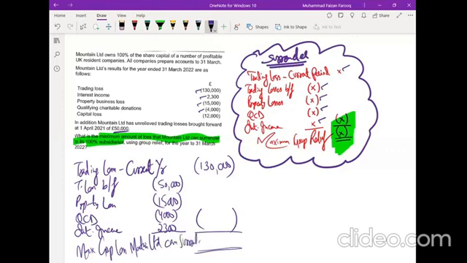196,700, and this one is 66,700. So you can see this is the first numerical in which we learned how a company can surrender its loss. The real loss was 130,000, but as per the tax rules, this format is there. We are not allowed to transfer only 130,000.